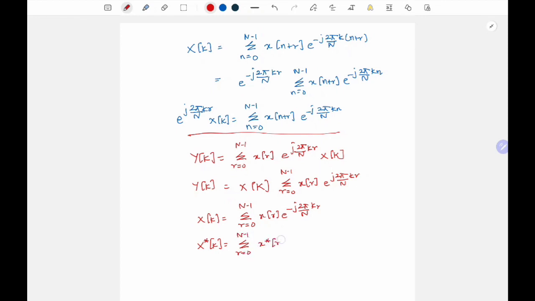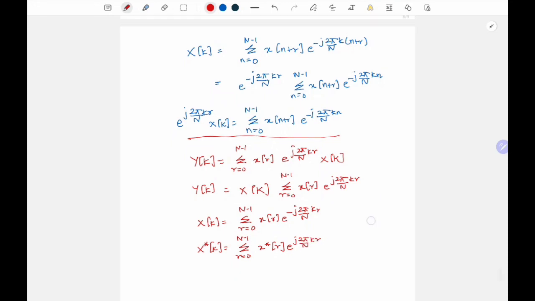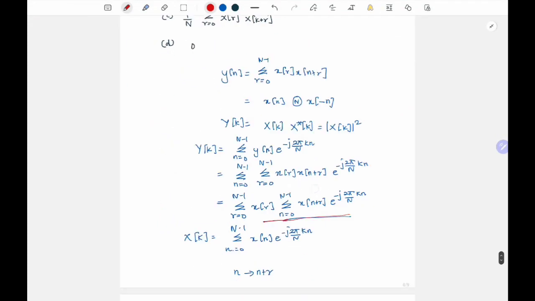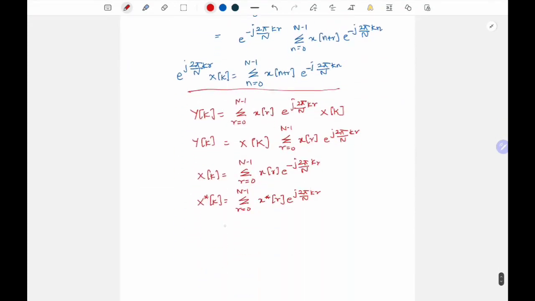So I'll write x conjugate of r e power j 2 pi by n into kr. So you need to use the fact that your x of n is real valued. So then this will become r equal to 0 to n minus 1 x of r e power j 2 pi by n into kr. So this is what you want.